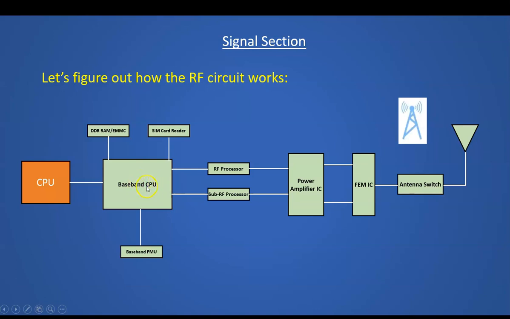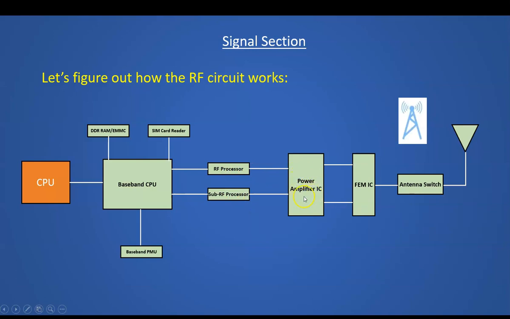Not only the voice: let's say we receive a text message, or graphics, images or video, whatever we receive or want to send, all of it happens through the baseband CPU or the baseband section of a CPU. Then that goes to the RF processor. Then it goes to the power amplifier.